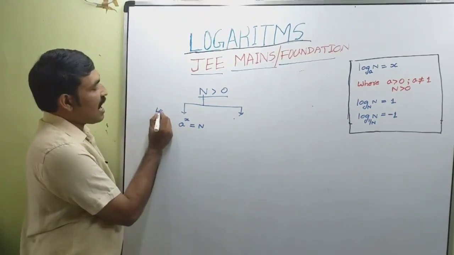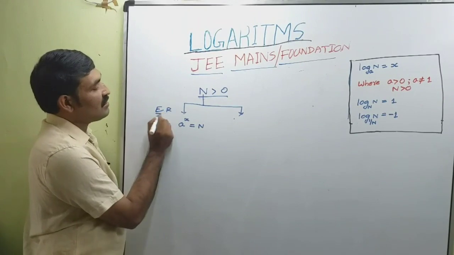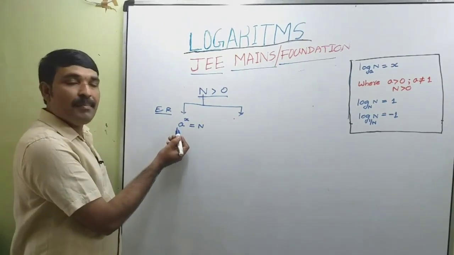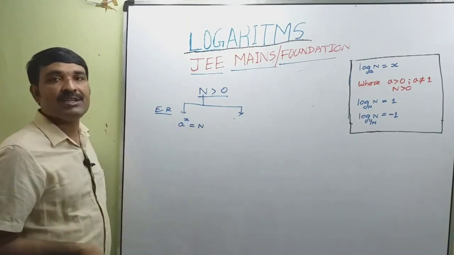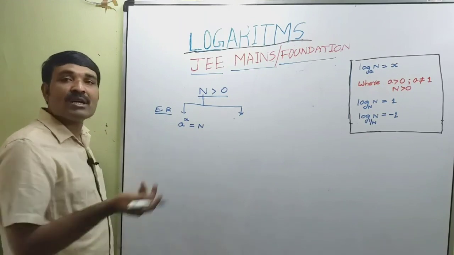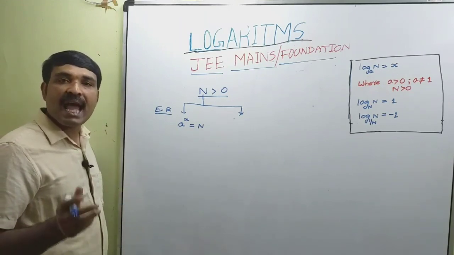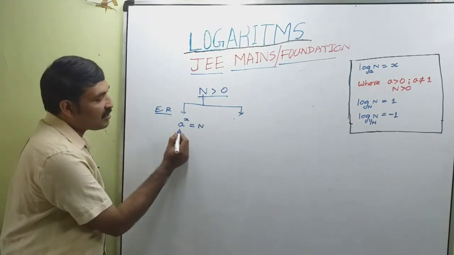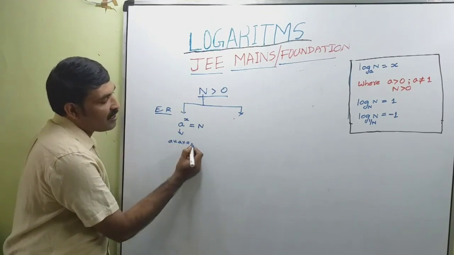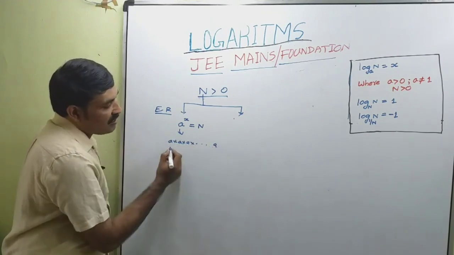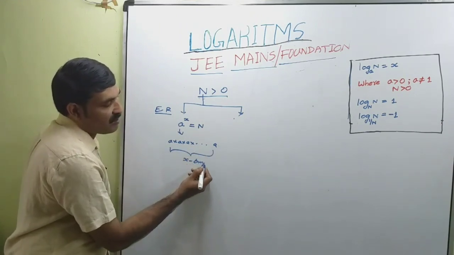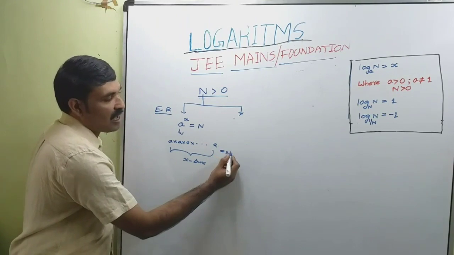Here a is the base, x is the exponent, and n is the positive real number. This a raised to x means a is multiplying x number of times. That means a into a into a up to a, x times. This is equal to n.